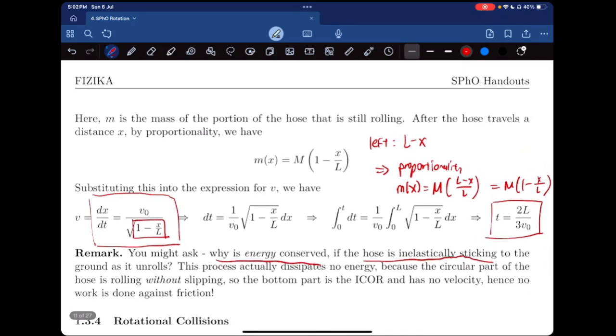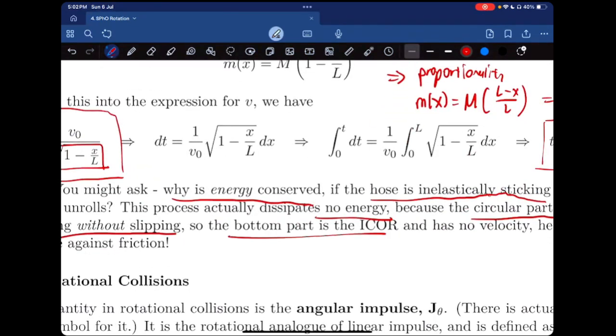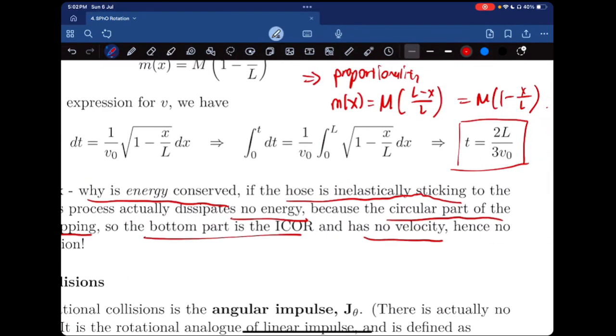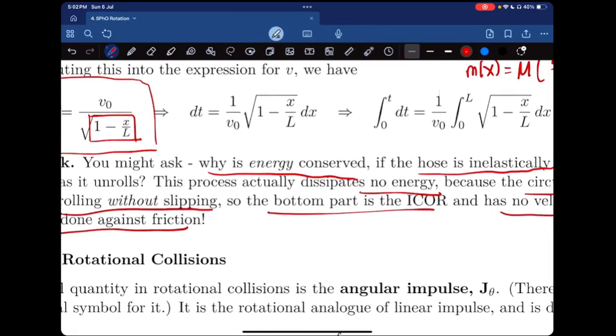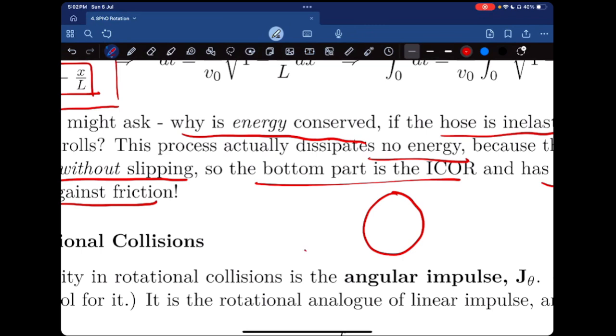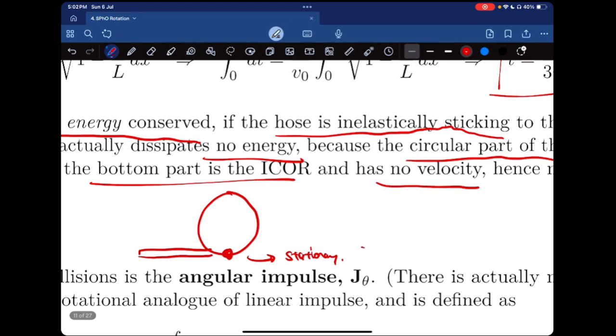Now, actually, this process dissipates no energy because the circular part of the hose is rolling without slipping. So the bottom part is actually the I core. It has no velocity, so no work is done against friction. So this part is stationary, and there is static friction.